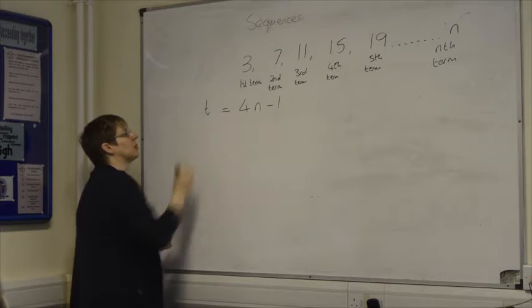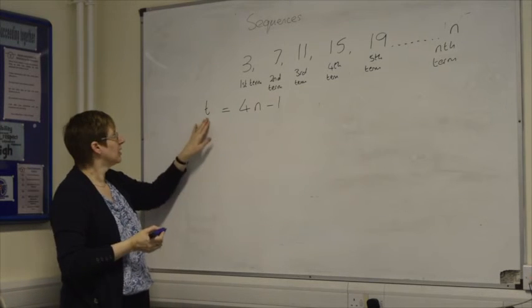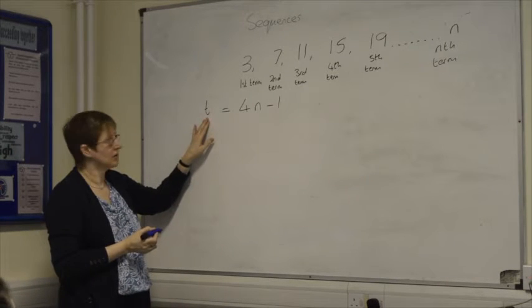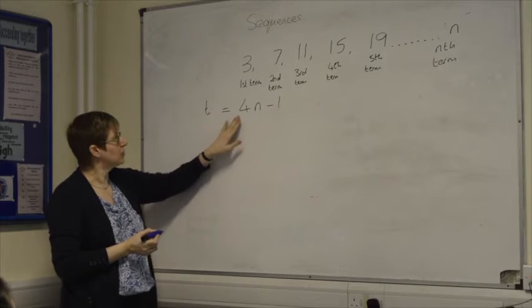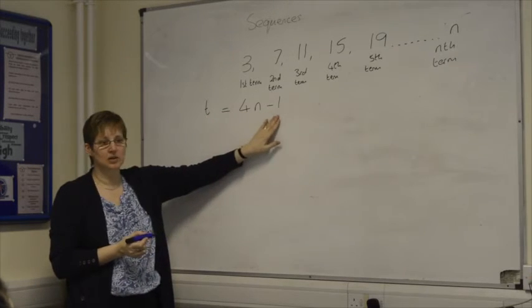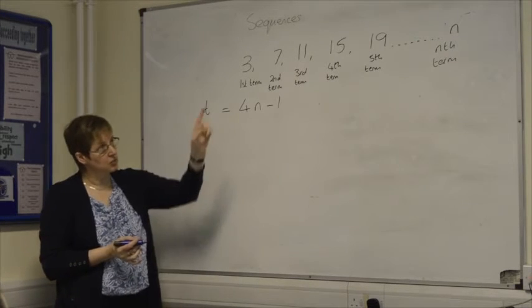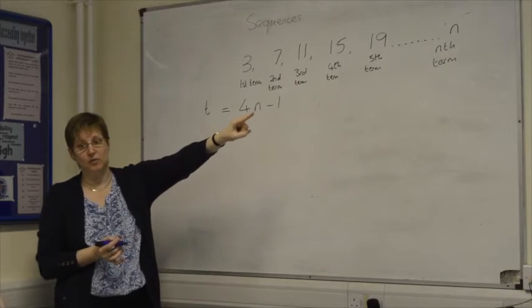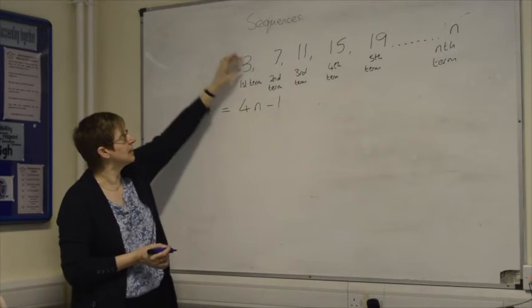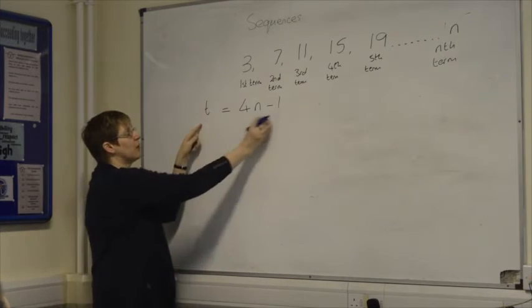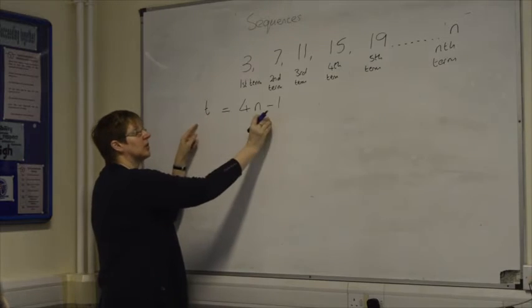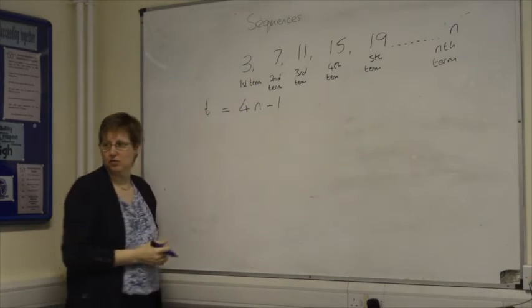But I can make it have one in it by doing that. The terms of this sequence equal, or can be found, by doing 4n minus 1. Does that make sense? So that's what finding the nth term formula means. It means writing this sequence using a formula, a rule, rather than writing out all those numbers.